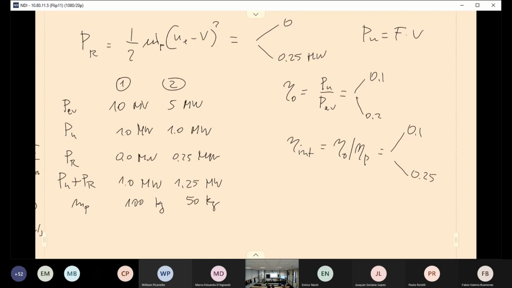You can also play with the numbers and see that you can obtain 100% internal efficiency at best.